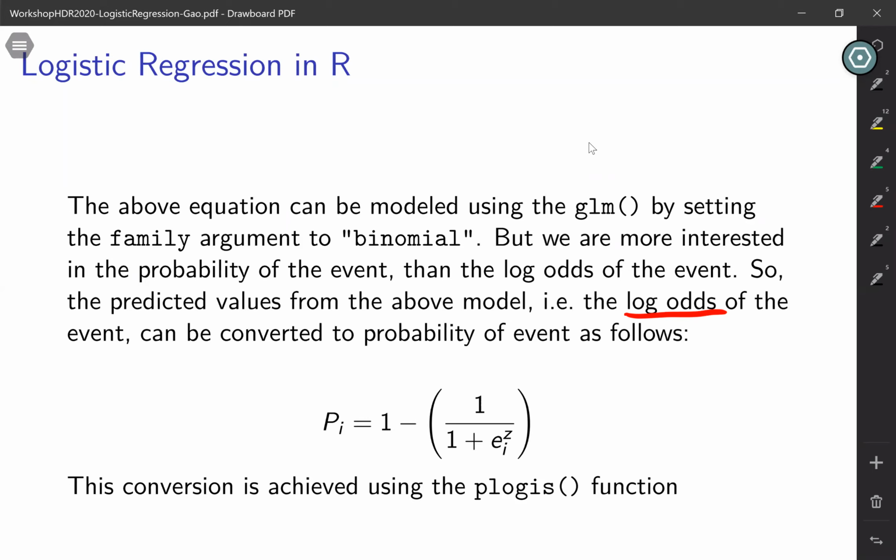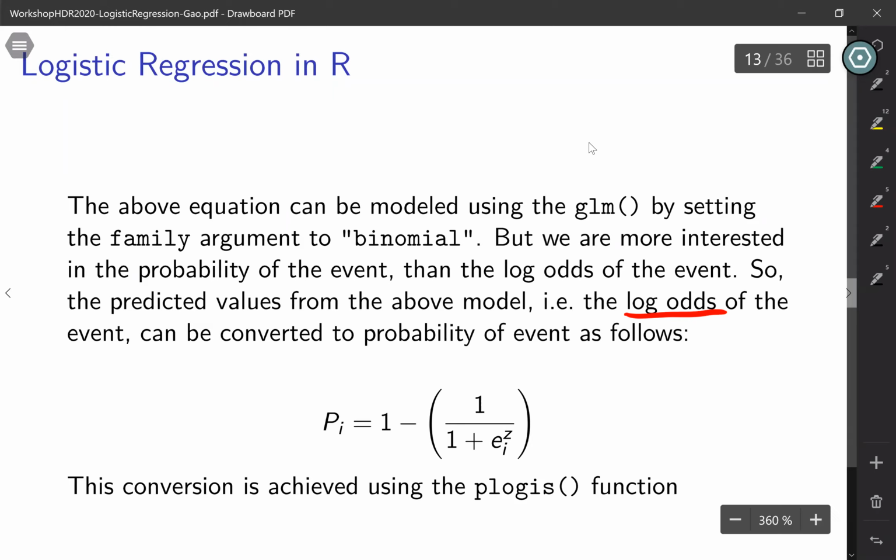Actually, once you get the log odds, it's quite easy to find the probability. You can simply use this equation, where Z means the linear combination, that's beta 0 plus beta 1x and beta 2x, and so on and so forth, right? So once you have those betas, you plug them into this equation and you can easily get the probability.